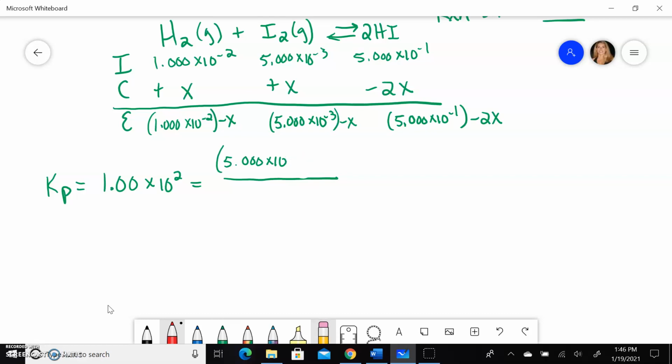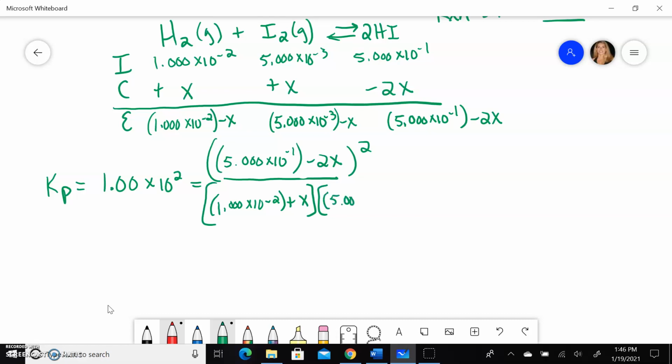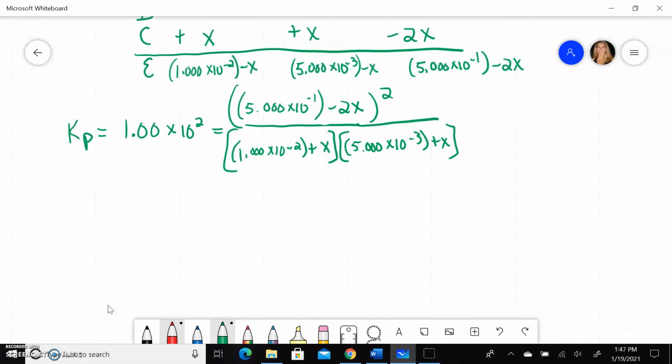Just don't forget to square the top part of this. Whew, and there we have our huge algebra equation. And it's going to take some work to solve for x.